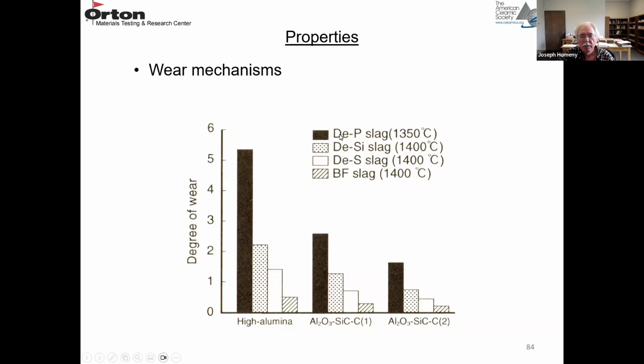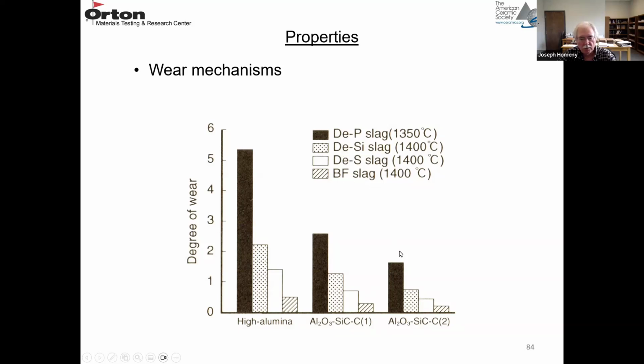So the black bar is a slag that removes phosphorus. The bar with the dots is a slag that removes silicon. And the white bar is a slag that removes sulfur. And the crosshatched bar is a basic blast furnace slag.